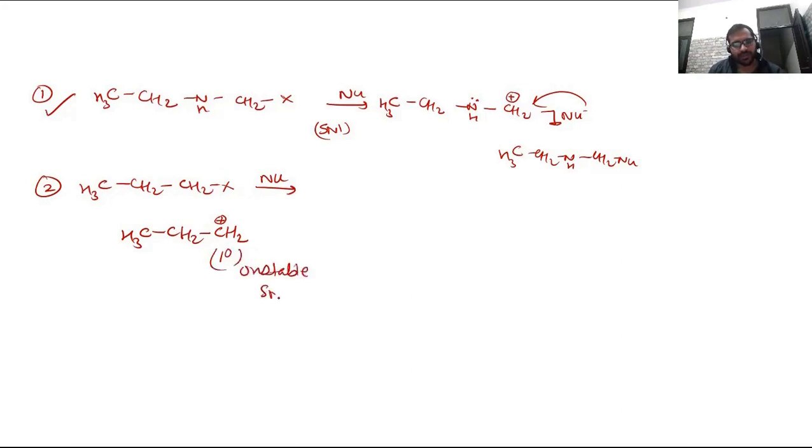That is why there will be no possibility of the SN1 mechanism here. So it will undergo via the SN2 mechanism, and the nucleophile will attack into the lowest unoccupied molecular orbital of this C-X bond, and this C-X bond will cleave out, and we will get CH3, CH2, CH2 and Nu, that is the nucleophile. This will be our final product.